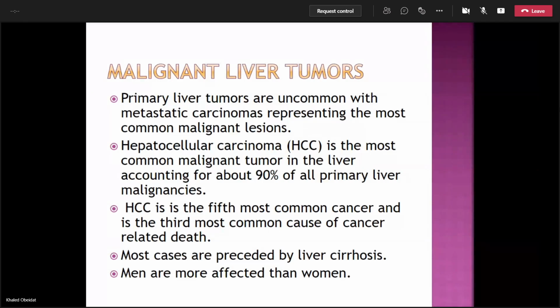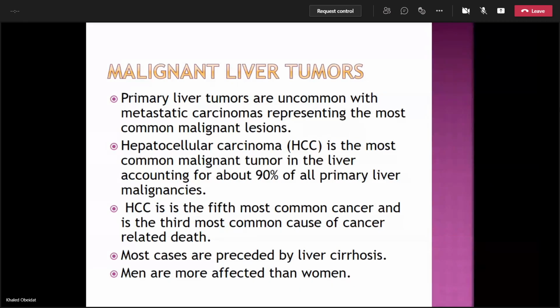It is common in certain parts of the world where hepatitis is endemic. Fortunately, we don't see it that much here. Worldwide, it's the fifth most common cancer, and it's also the third leading cause of cancer-related mortality.